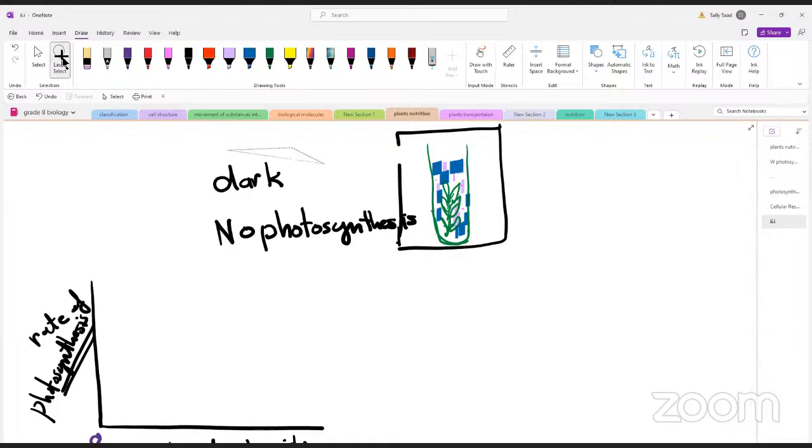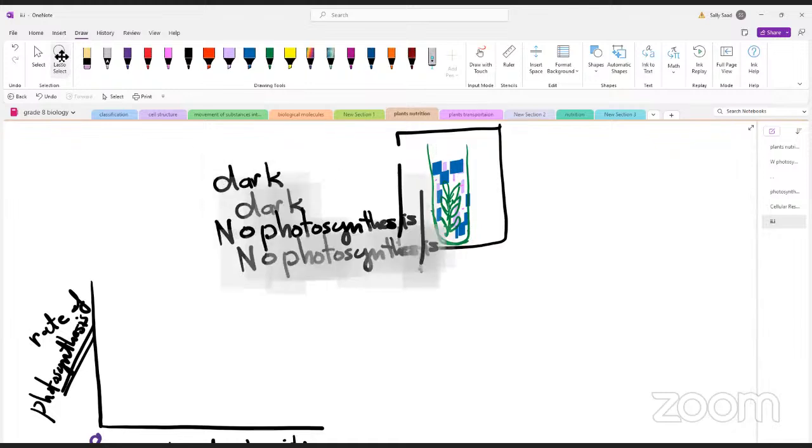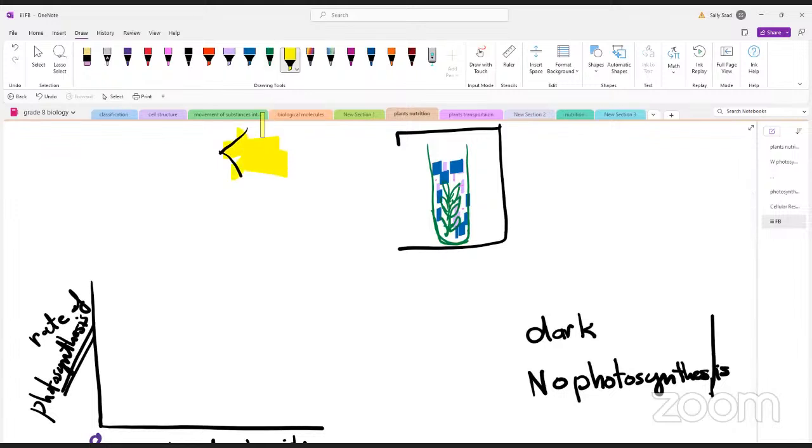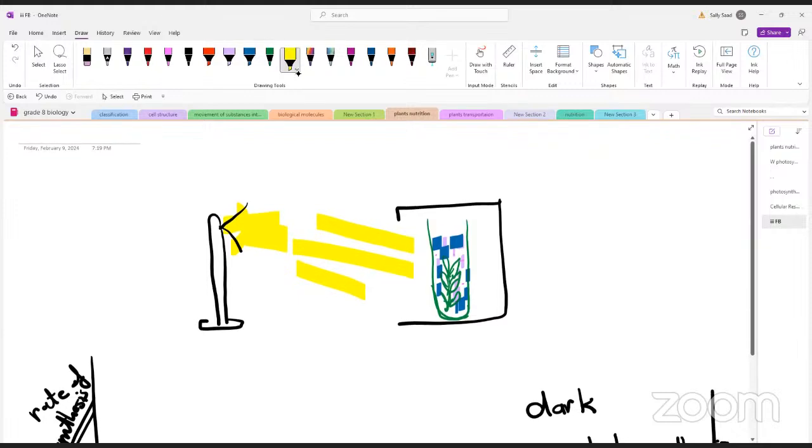Then I will change that dark to light by putting a lamp here. So this light will go to the plant. Here is light.